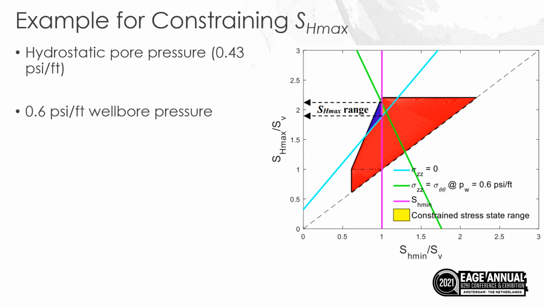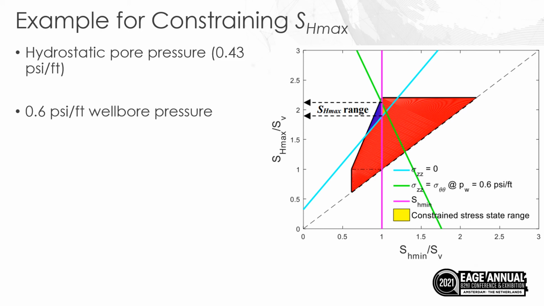And here I will use a very simple example to show the graphical method of constraining the SH max from information from a vertical well. We assume hydrostatic pore pressure and 0.6 psi per foot for wellbore pressure, which is about the fracture gradient of the Barnett shale, which is fairly low actually.